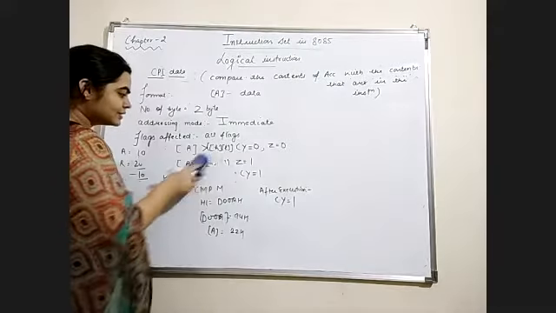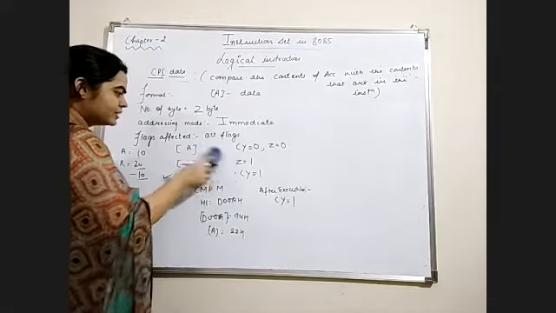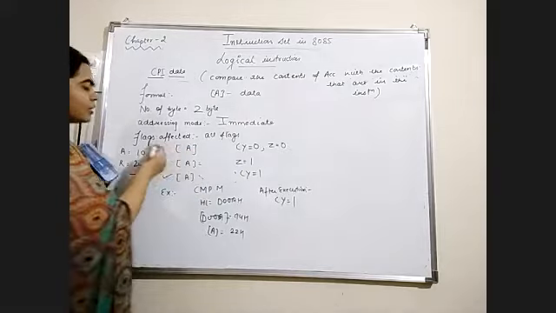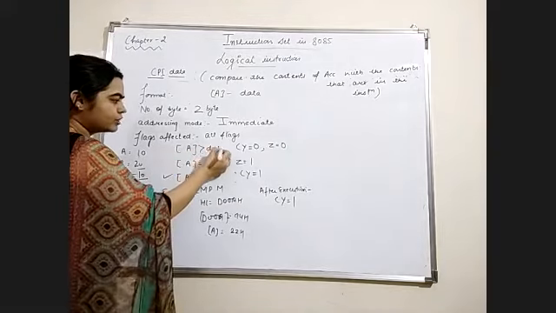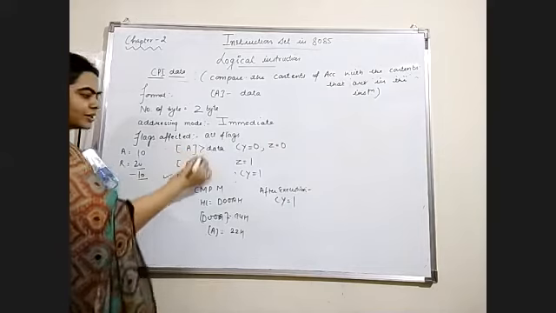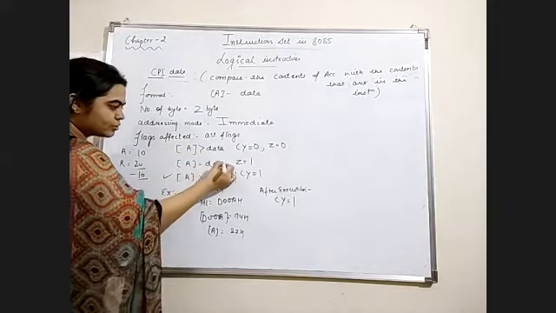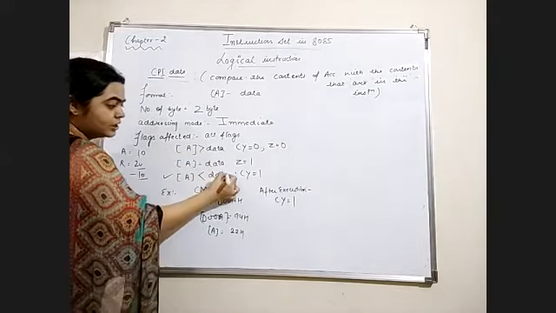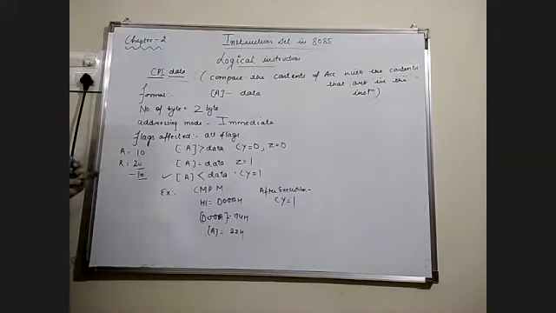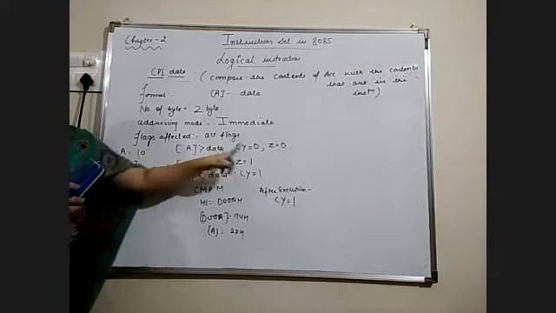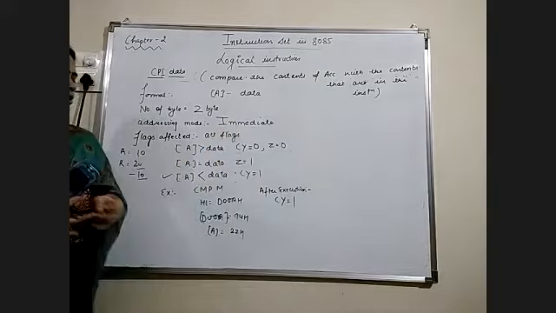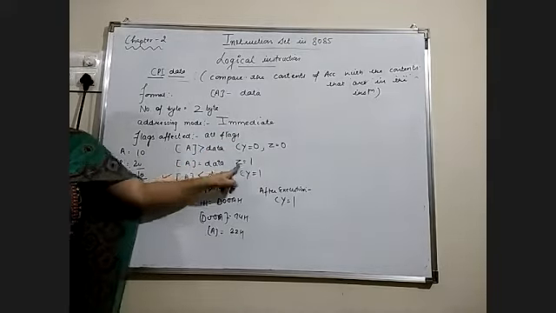Now we can see the comparison. So again, other than H and L, we are comparing it with the data only. So whether the value of A is greater than data, or it is equal to data, or it is less than data. So when the value of accumulator is greater than the data, then CY and Z is equal to 0. When these are equal, then Z is equal to 1.